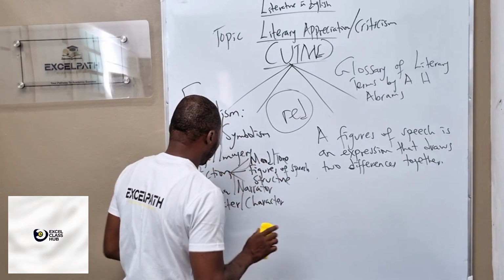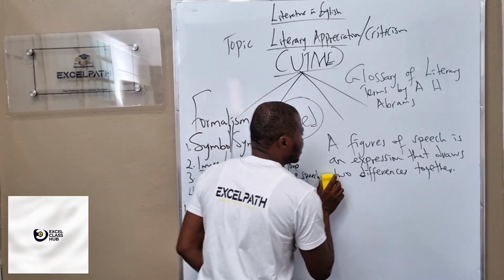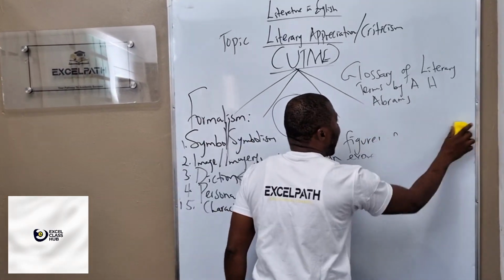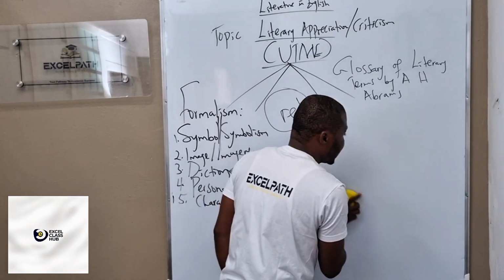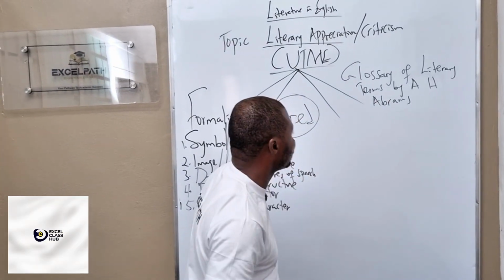What are these most popular figures of speech that we have? I'll list out some, then we move to the next one.